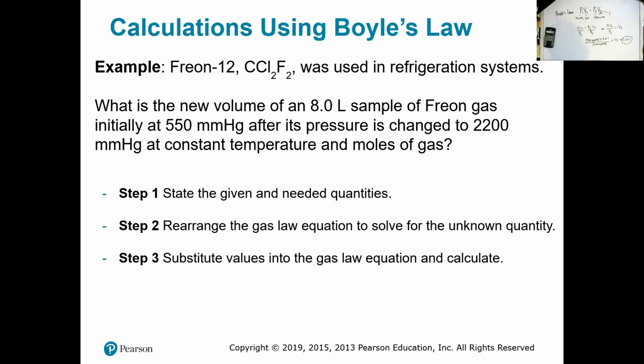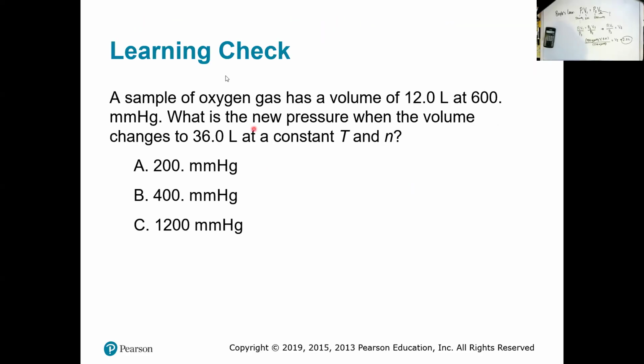All right, let's take another look at this learning check. Another example, we have a sample of oxygen gas that has a volume of 12 liters at 600 millimeters of mercury. What is the new pressure when the volume changes to 36 liters at a constant temperature and amount of gas? All right, let's run through our first step, which is organizing our information.